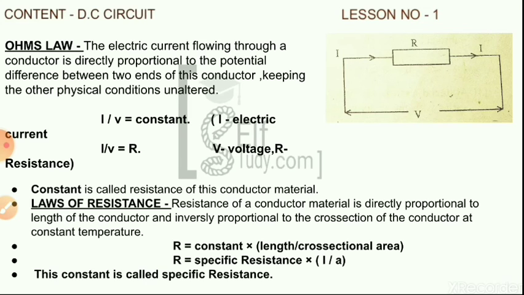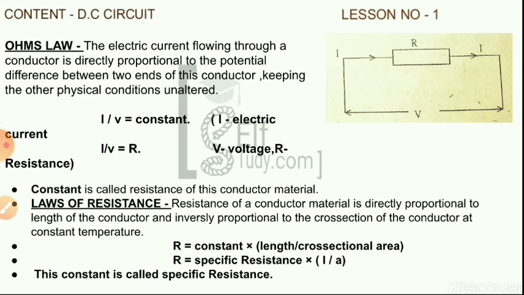We can change the value of current. So we can say current, which is denoted by I, and voltage, which is denoted by V, I by V equal to constant. And what is the constant?